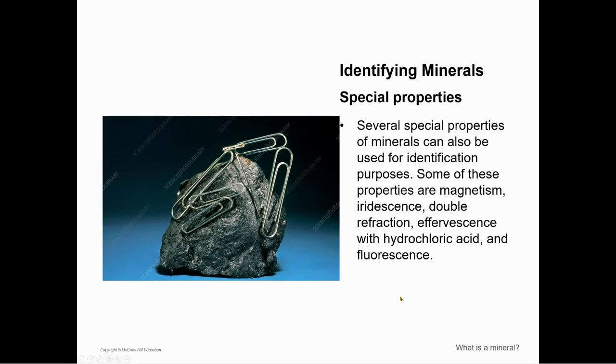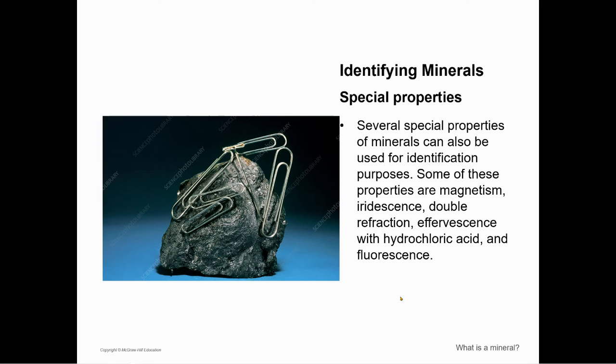Minerals have special properties. Several special properties of minerals can also be used for identification purposes. Some of these properties are magnetism, iridescence, double refraction, effervescence with hydrochloric acid, and fluorescence. So, like this mineral right here, obviously it's magnetic.